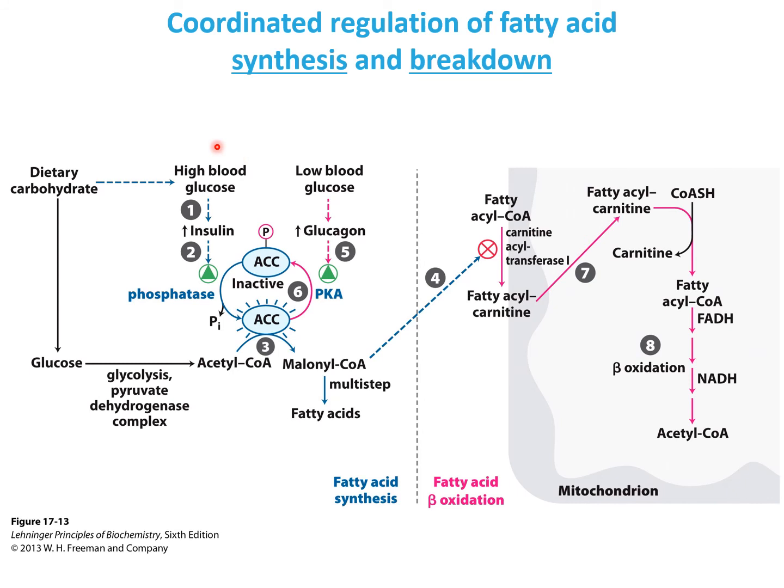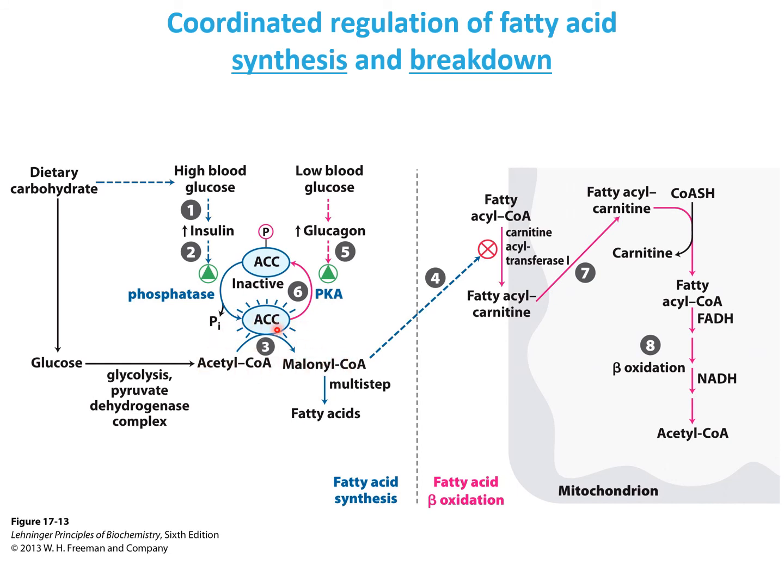When the system has high blood glucose, a high carbohydrate load, this will lead to secretion of insulin, which eventually will induce a phosphatase that will dephosphorylate ACC, which when phosphorylated is in its inactive form. So the dephosphorylation will lead to its activation, leading to acetyl-CoA carboxylation to malonyl-CoA.